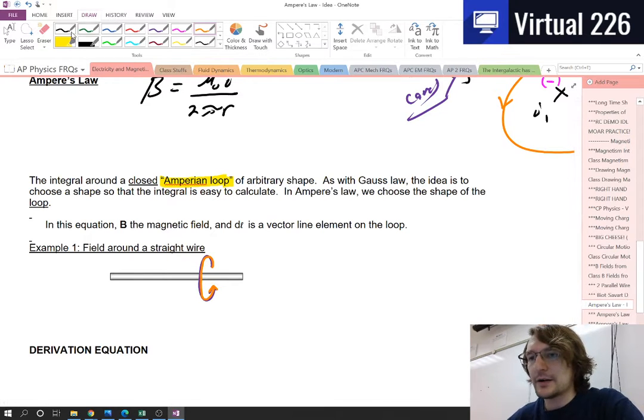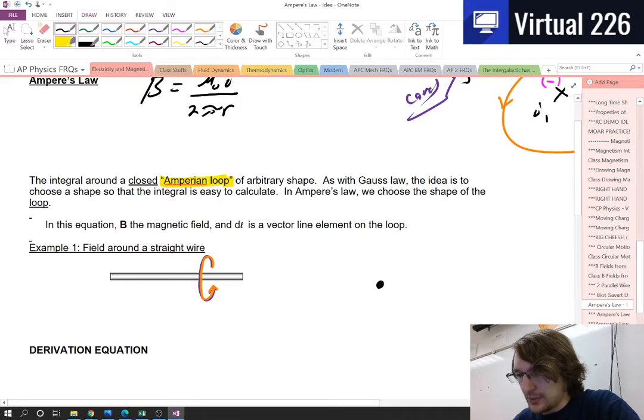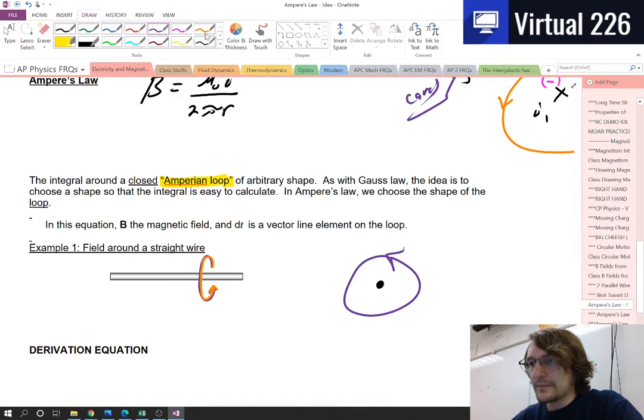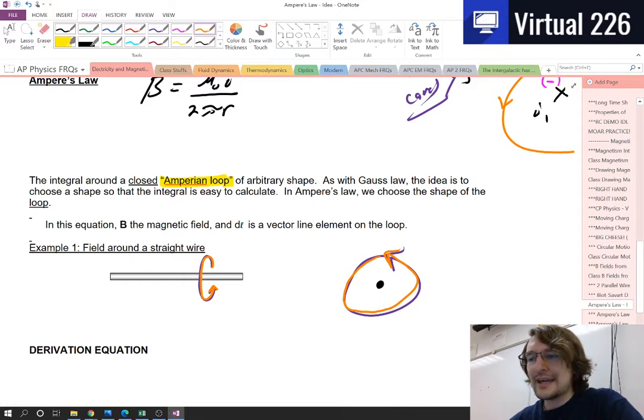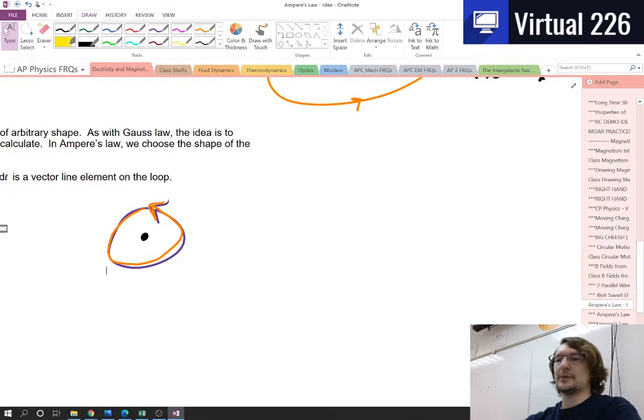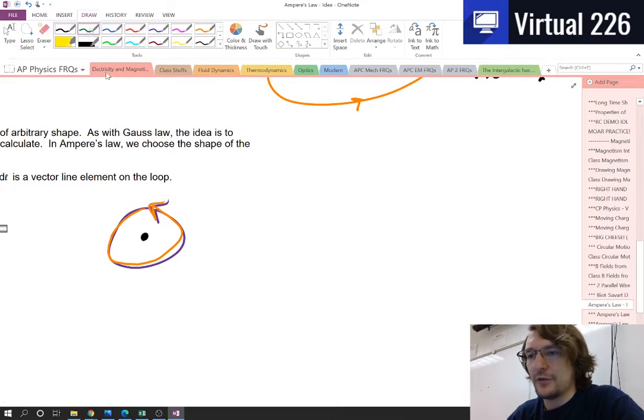If we pretend this is the wire here, it has the B field going in a circle around it, and we're going to put our Amperian loop in that exact same spot. Even though it doesn't look like a circle, it is. If we choose an interesting shape such as a circle, it's going to make the calculus much easier, because we are trying to set up the following equation.